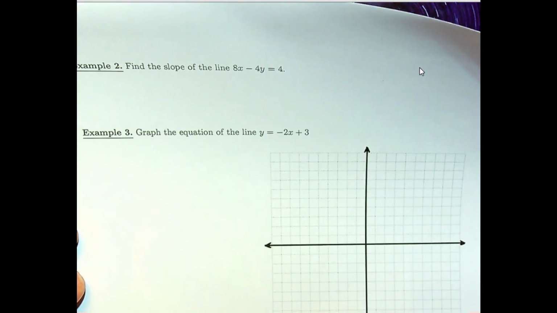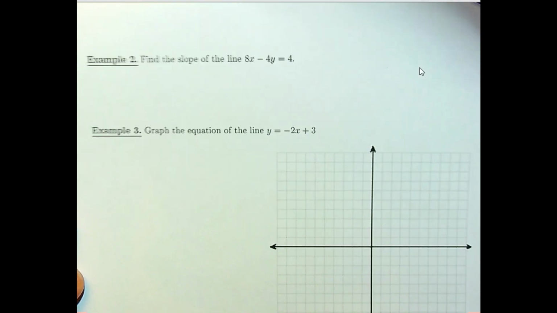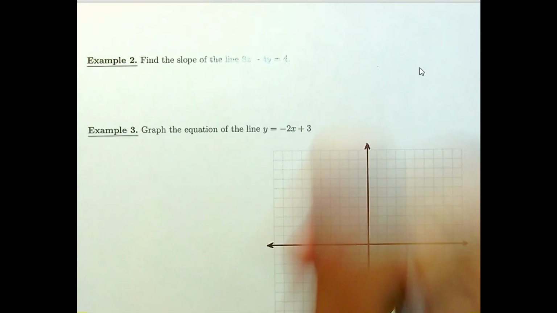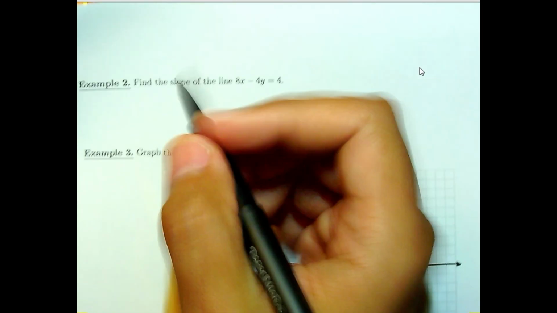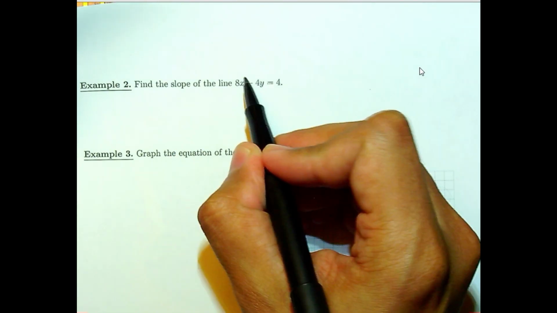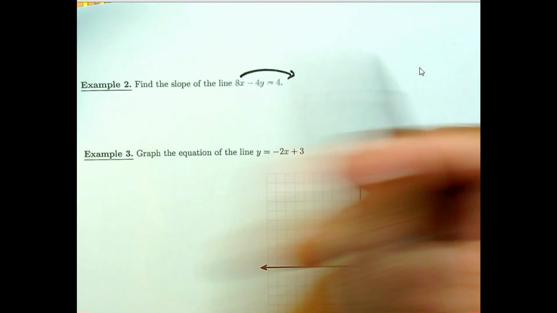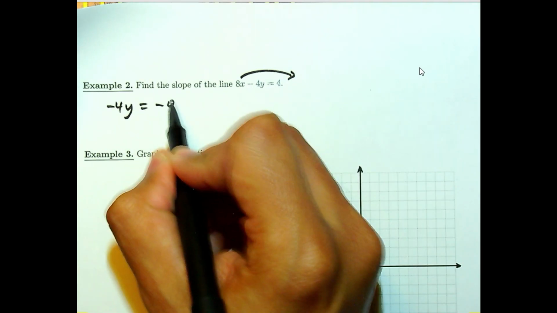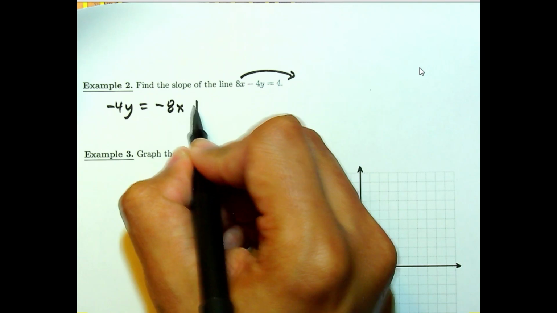Okay, so all we have to do then is solve for y. So let's solve for y. We're going to move the 8x to the other side. We're going to end up with negative 4y equals negative 8x and positive 4.